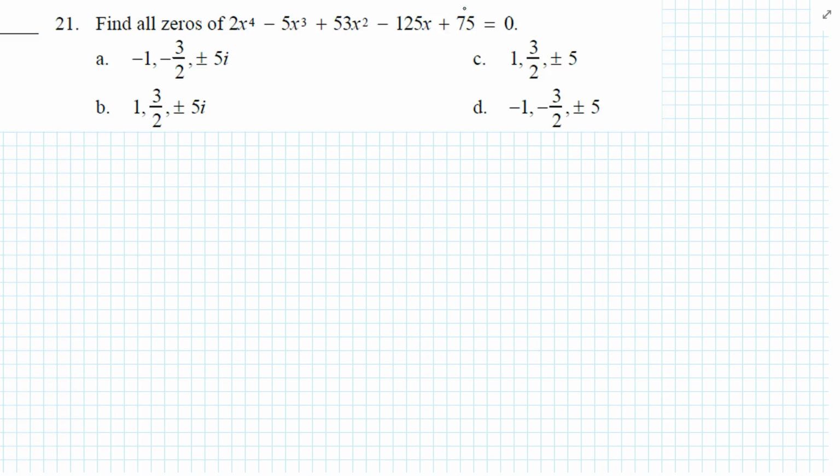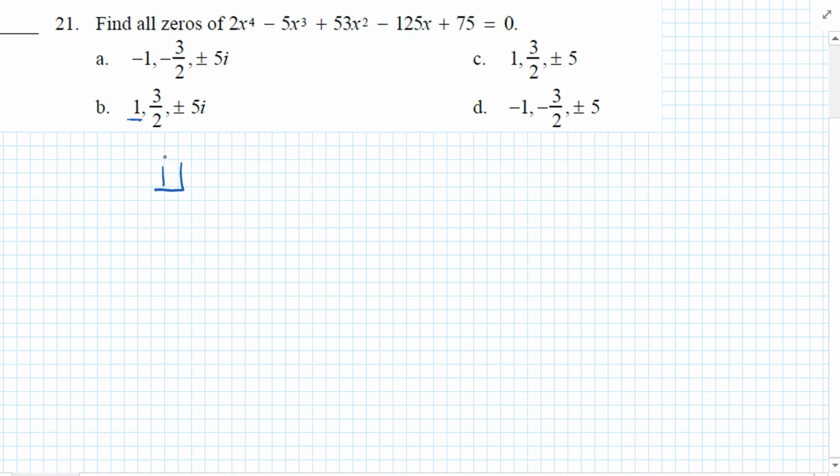Otherwise, we would have to find all the possible rational roots between 75 and 2, which would have been a ton. So, since I have 2 negative signs, 2 positive signs, we're going to start with a positive small number. Let's start with positive 1.